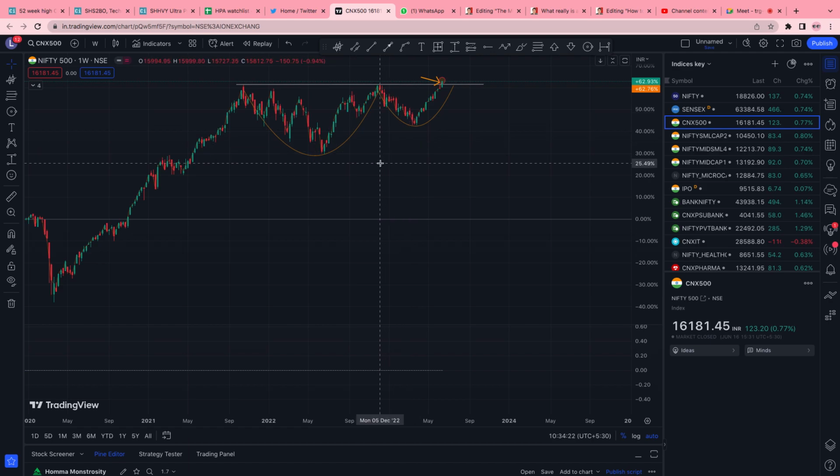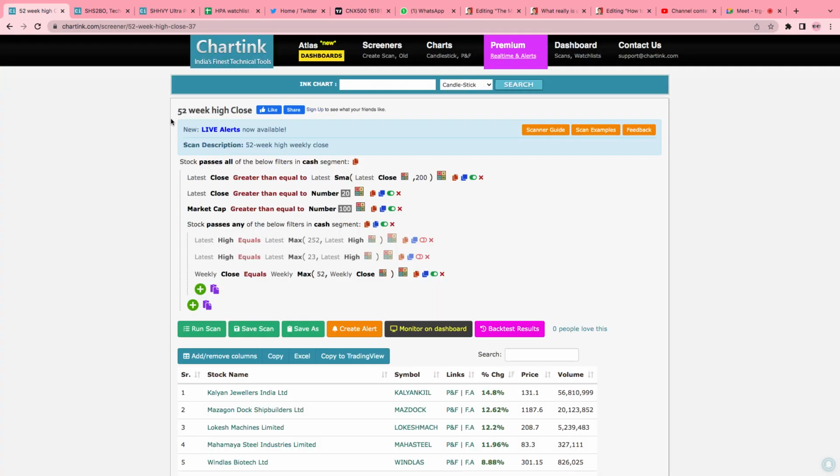Now, seeing all this, we need to see two things. One is what are the leading sectors, and the second is what are the leading stocks. One scan to catch all the leaders is, you forget everything and just run the 52-week high close in weekly.